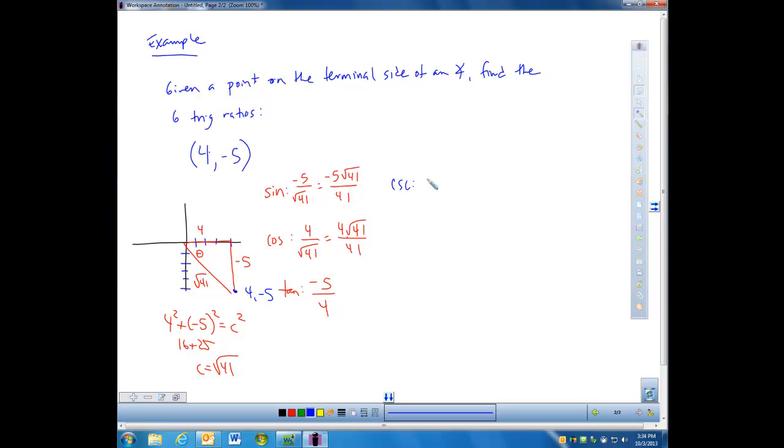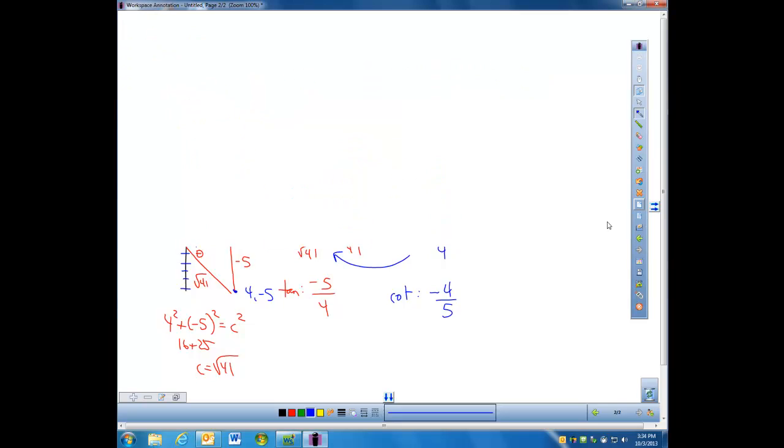Doing your reciprocal functions should be pretty easy right now. Just flip those upside down to find cosecant and secant, and then ultimately cotangent as well. So this is one of the problems you've got to be able to do. I give you a point on the terminal side, and then you give me all 6 trig values. Make sure you get a little practice of that in the homework tonight.